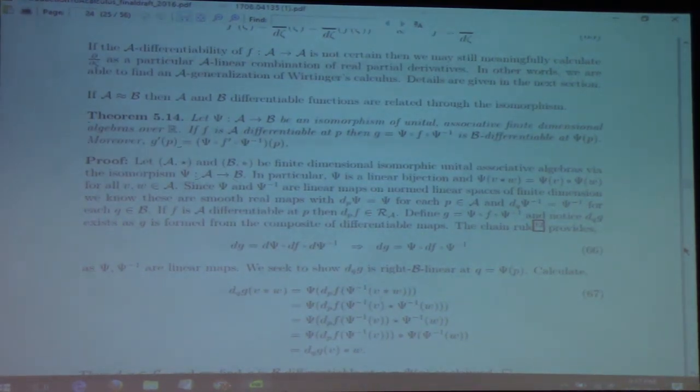You can prove that any A-differentiable function can be found from a B-differentiable function in this way. We can trade a set of questions in the A algebra for a corresponding set of questions in the B algebra. Sometimes it's helpful. But anyway.